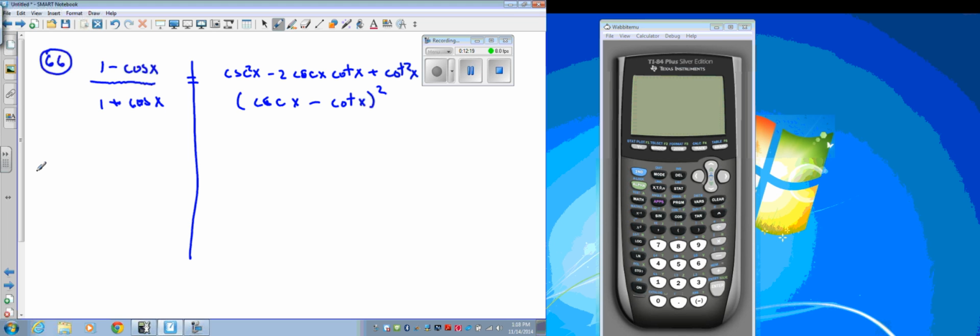I want to always keep this in mind. Let's just try this. Let's try putting 1 over 1 plus cosine, minus. I don't know why this thing gets that way. I mean, we can write it this way. I don't know if that helps.